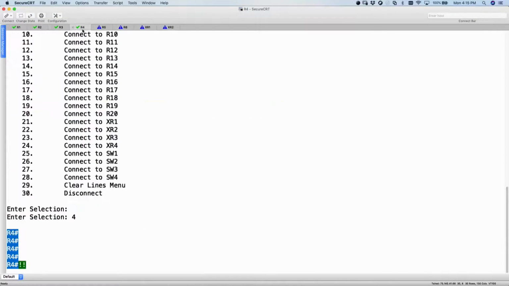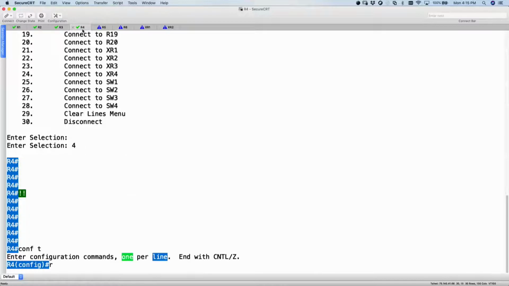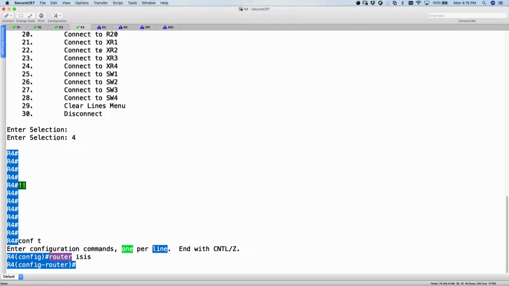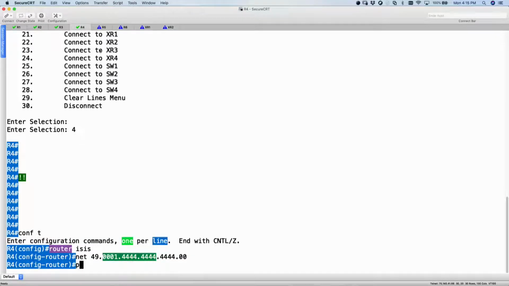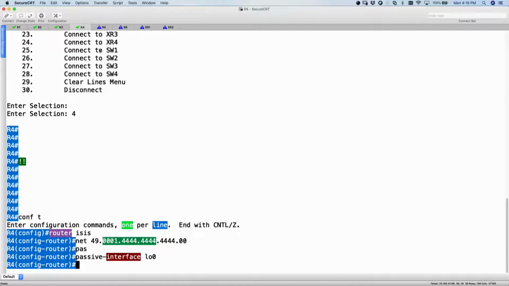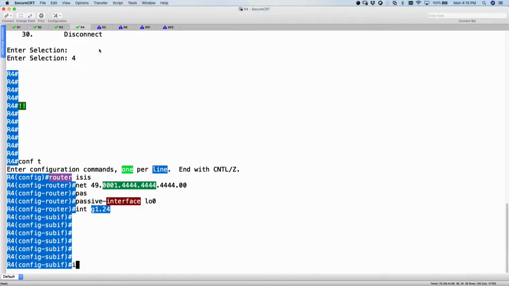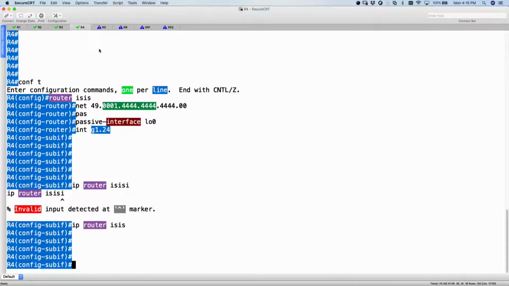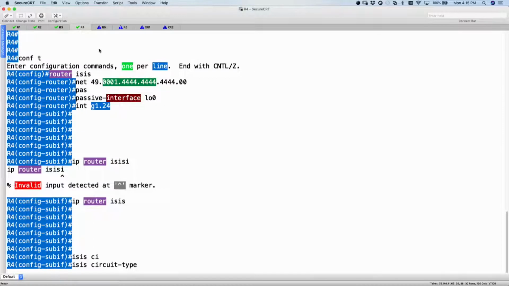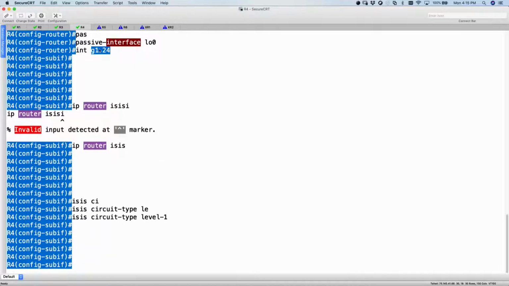Let's configure R4 also. So net 49.0.0.0.1.4444.4444.4444.00. Passive interface loopback 0, and then go to my interface 24 and say IP router ISIS, and then ISIS circuit type level 1 only.